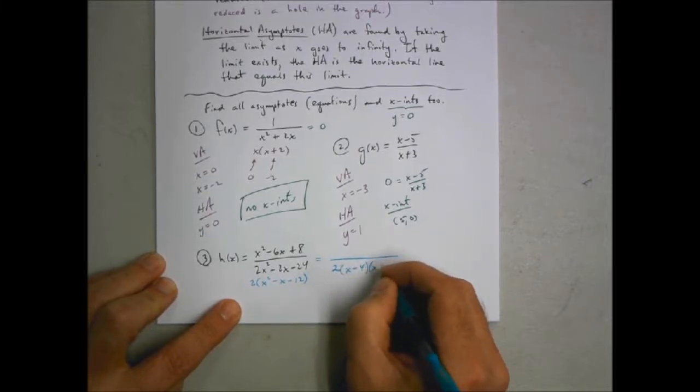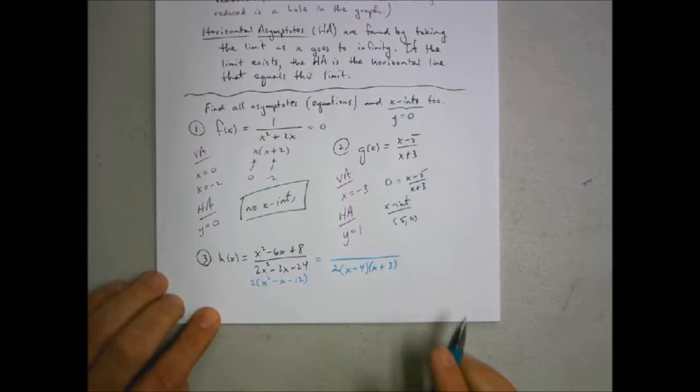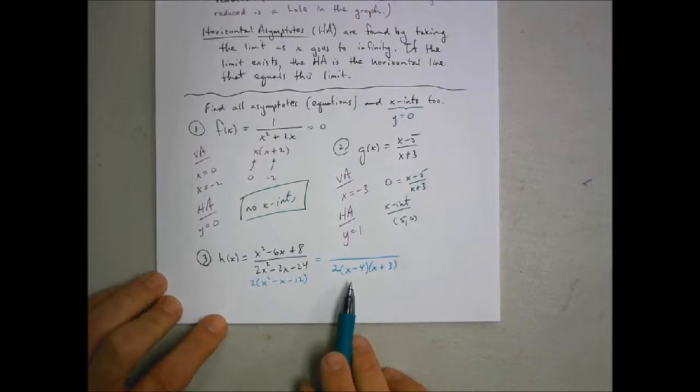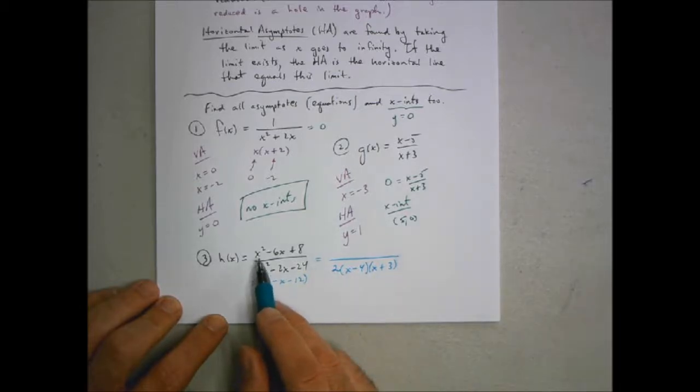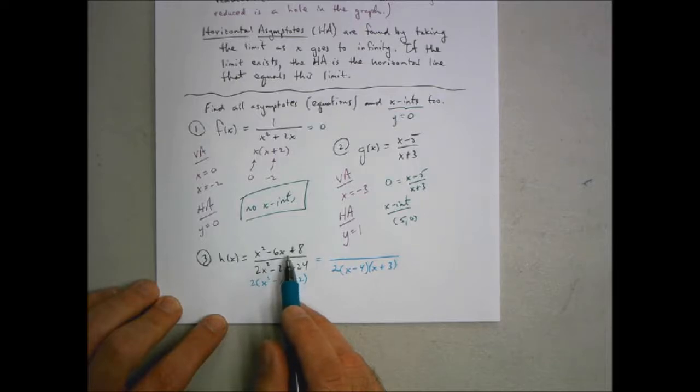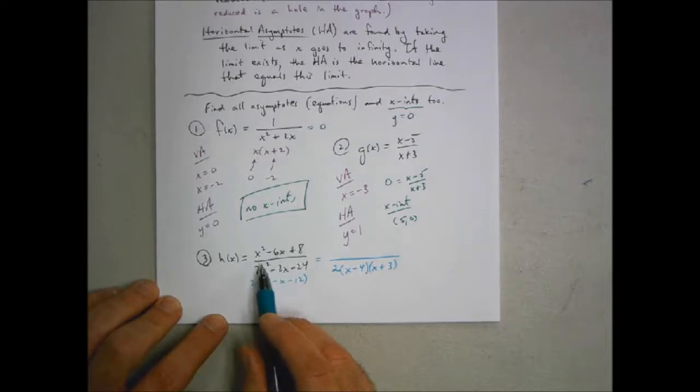Okay, so right now we've got 2 zeros in the denominator, 4 and negative 3. However, we always need to check and see if any of them reduce. And so it's important to factor the numerator and see if anything reduces. So the numerator factors as x minus 4 times x minus 2.